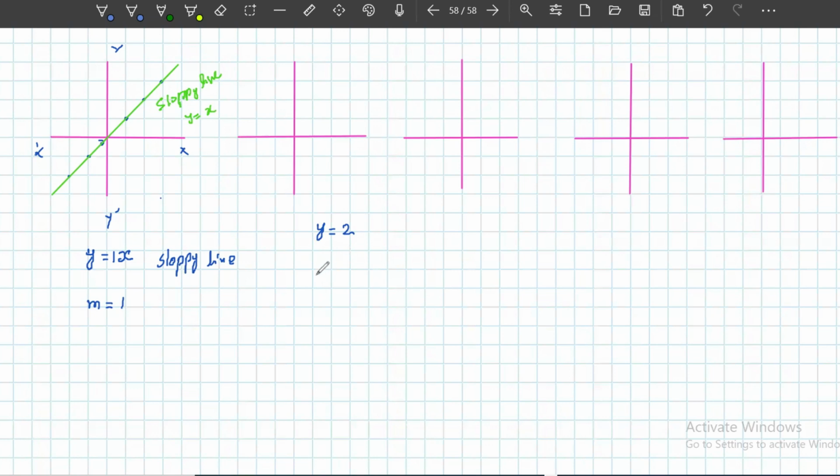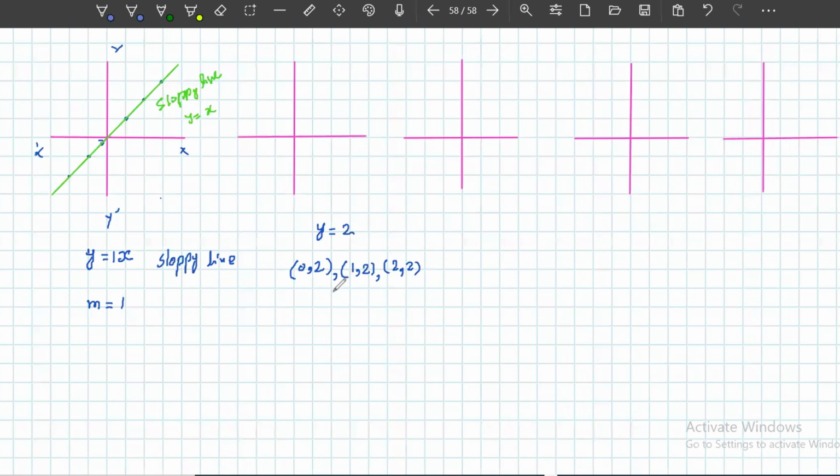If I ask you what the coordinates of this line are, you can vary the x coordinate, but 2 will fix the y coordinate. You can say 0, comma 2. You can say 1, comma 2. Look, I'm not changing the y coordinate. The y coordinate is fixed. We can say 2, comma 2. Three points are enough to draw a line.